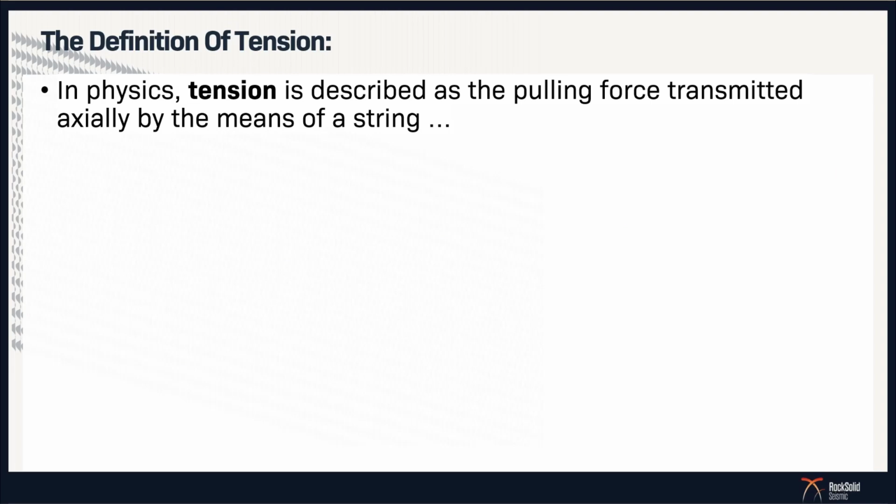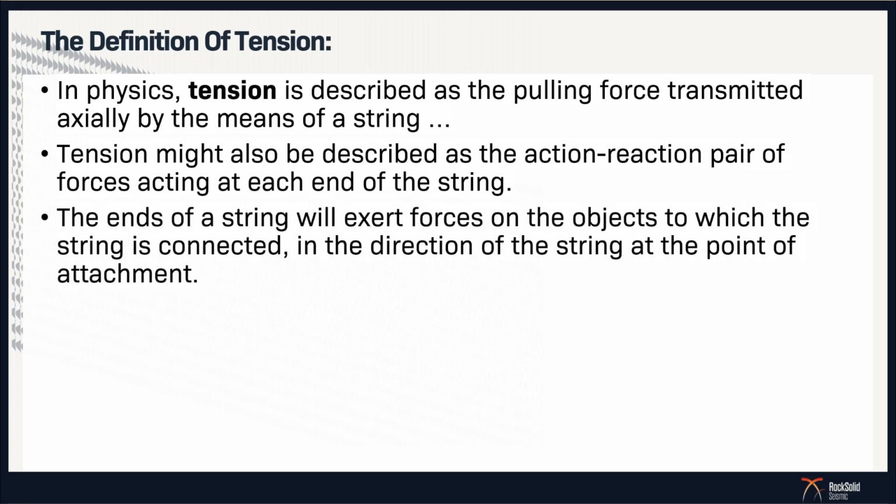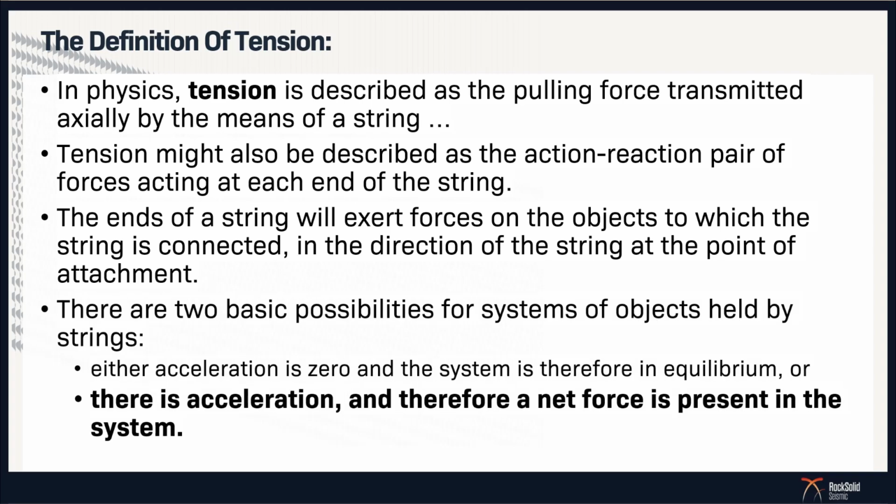So a bit of a sidetrack here. In the physics, tension is described as a pulling force transmitted axially along by means of a string. A tension might also be described as the action-reaction pair of forces acting at each end of the string. And the ends of the string will exert forces on the objects to which the string is connected, in the direction of the string at the point of attachment.